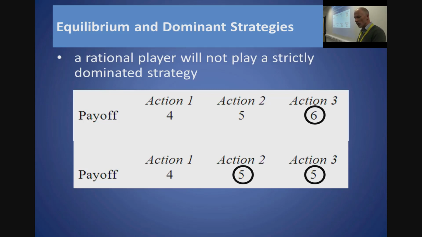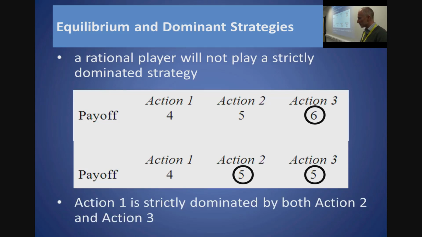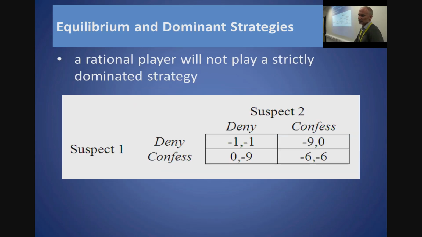So, with that principle in mind, what I want to do is revisit that idea of the prisoner's dilemma. Because we've set the prisoner's dilemma up, but there's no point in being able to set it up if we can't see anything about the likely outcome. So, that's our game that we saw, where the suspects are choosing between deny and confess.